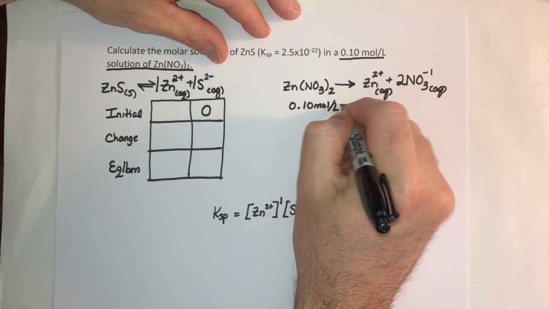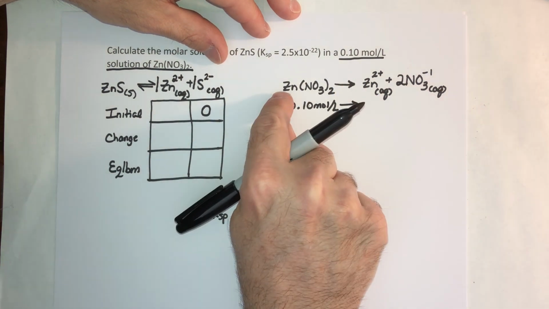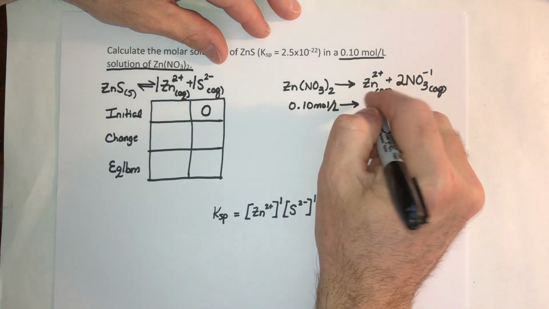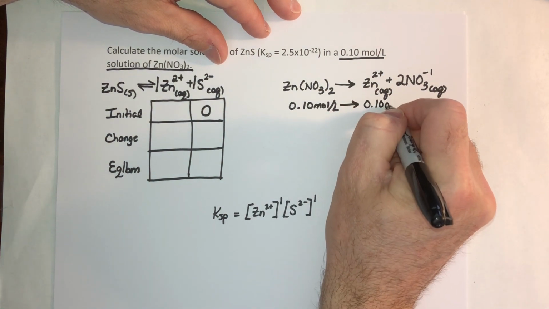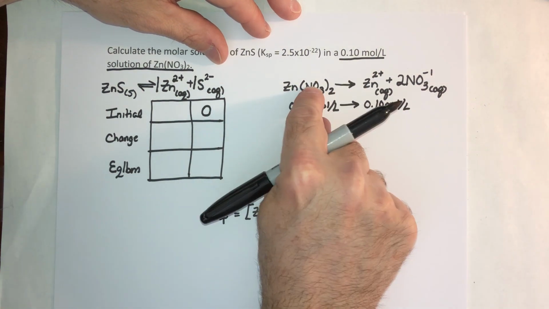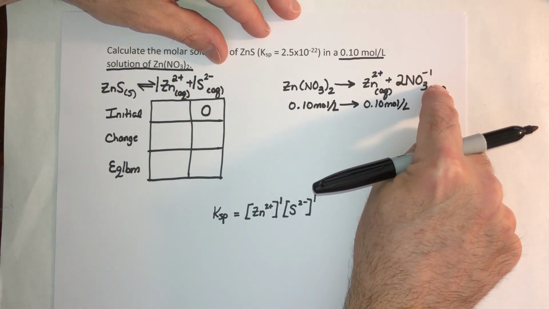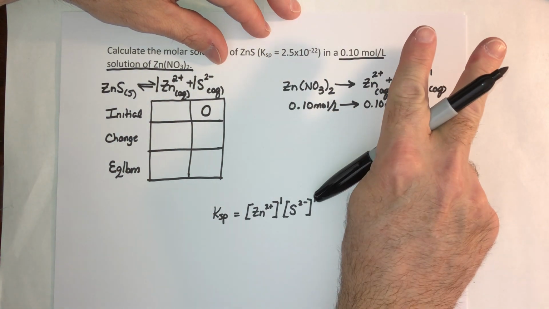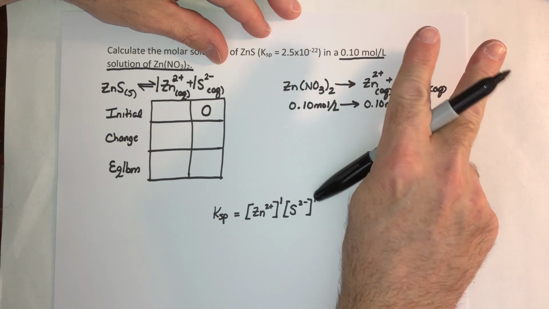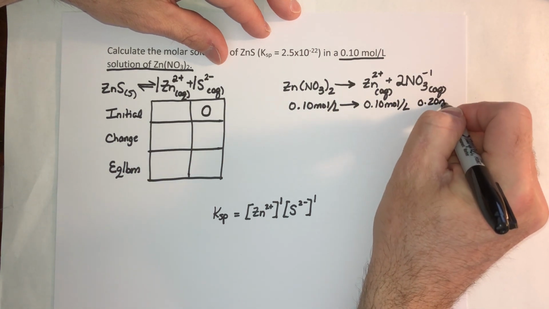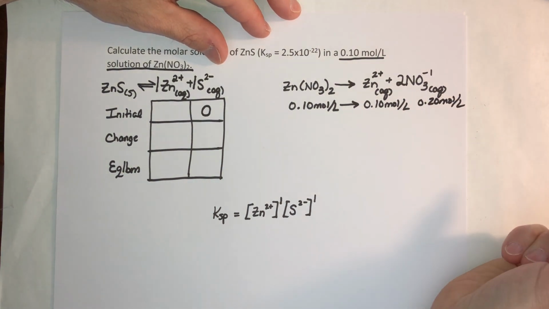For every one of these, you get 1 zinc. So if you started with 0.1, you should get 0.1 of these moles per liter. And for every one of these, you get 2 nitrates. You get twice as much. So 1 zinc nitrate gives you 2 nitrates. So if you started with 0.1, it will give you 0.2 moles per liter.